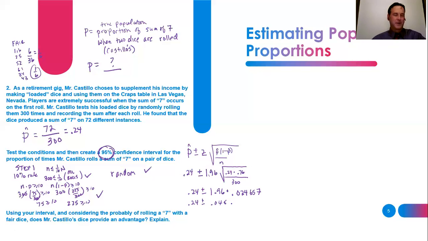Then we will add this and subtract this to this value of 0.24. So when I do the lower version of that, I get 0.19167. And the upper will be 0.28833.